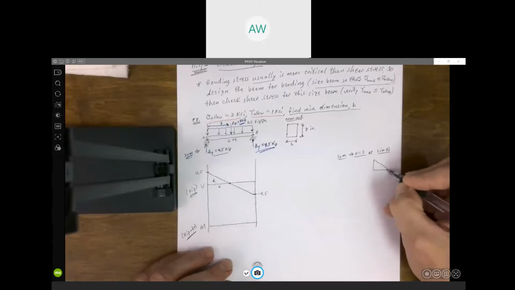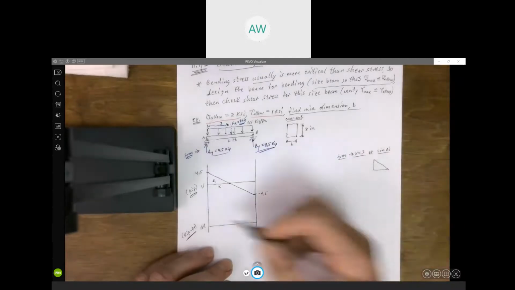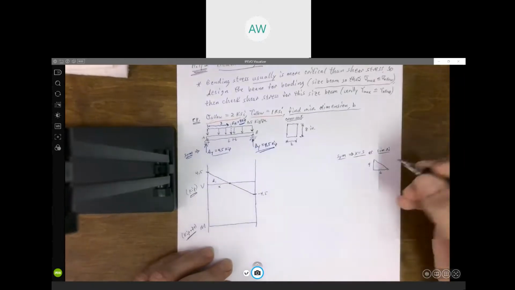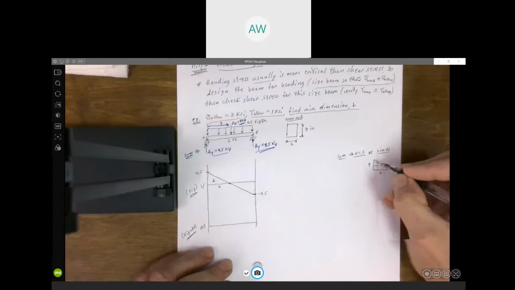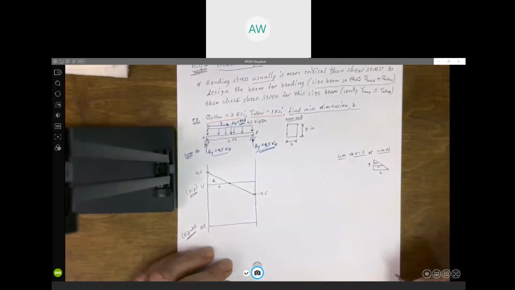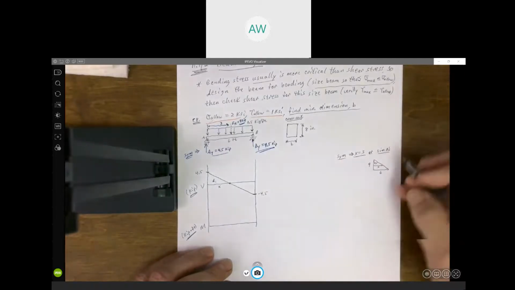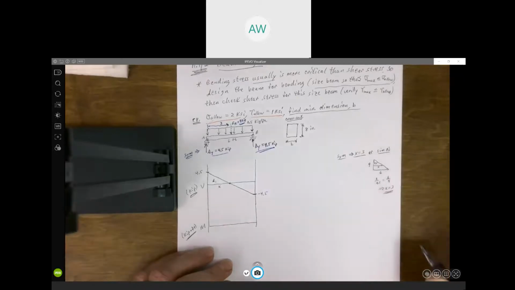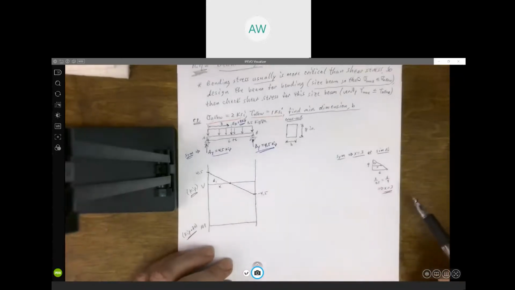If you look at our big triangle, this is 9, and we go across 6. So we want to know if we go down 4.5, how far is that across? If you do similar triangles, x is to 4.5 as 6 is to 9, and you're going to get x equals 3. So if you're not sure, it only takes a second.